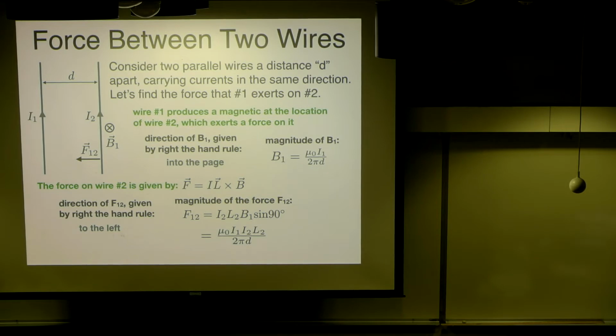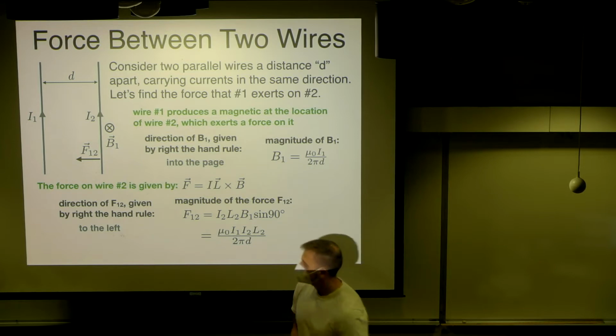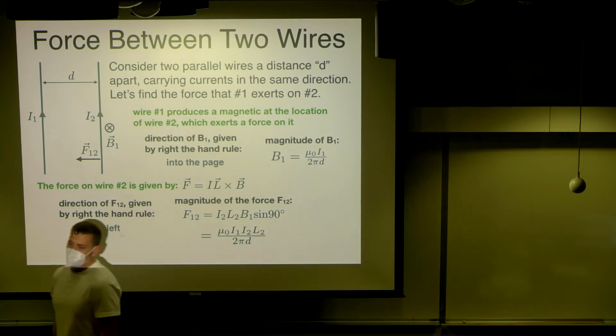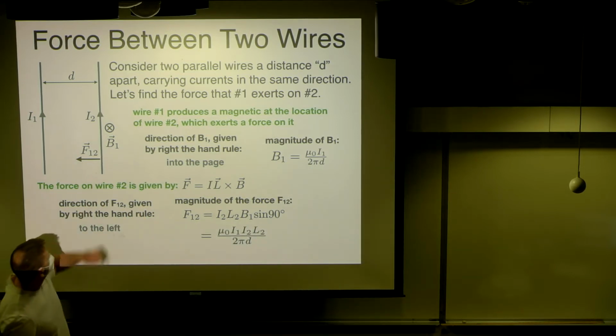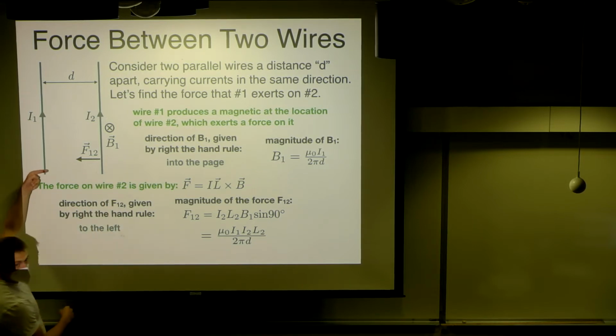And let's also take note of the fact that we found the force that 1 exerts on 2. There should also be a force that 2 exerts on 1. Does anyone know how to think about that? Think back to Newton's third law, way back in physics 44. It's negative, right? Yep. It's an equal but opposite force, right? If 1 is pulling on 2 this way, 2 must be pulling back on 1 in the other direction with the same amount of force.